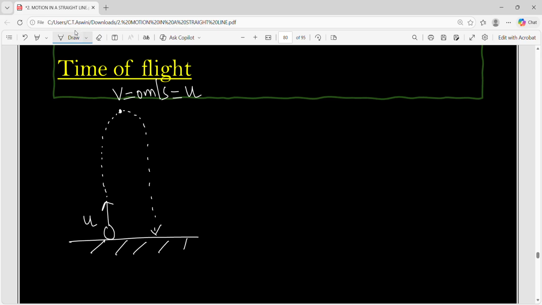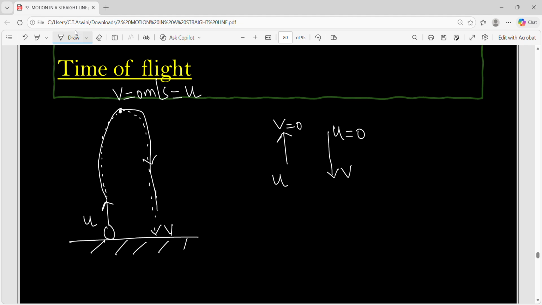Initial velocity falling down, it becomes a dropping case. And what will be the final velocity here? It will be some value v. So if I take upward journey, we have u, but v is 0. When it is returning back, initial velocity is 0, but it will have some final velocity. Did you understand this? It will go till its velocity becomes 0 and then it will fall back.